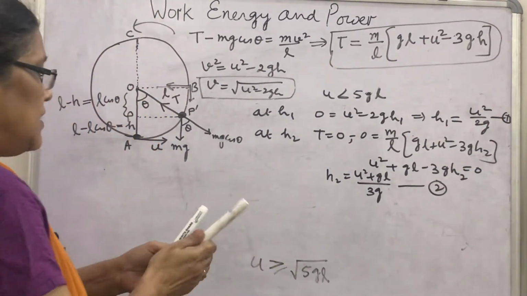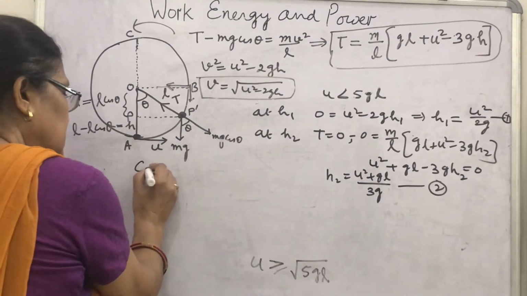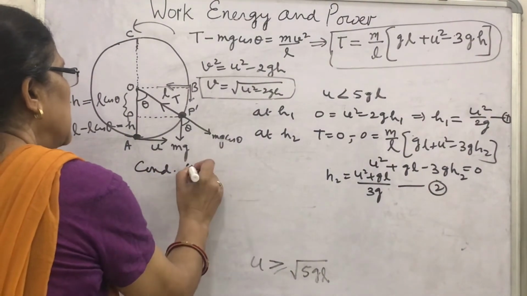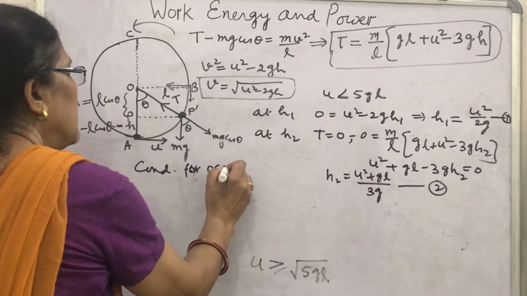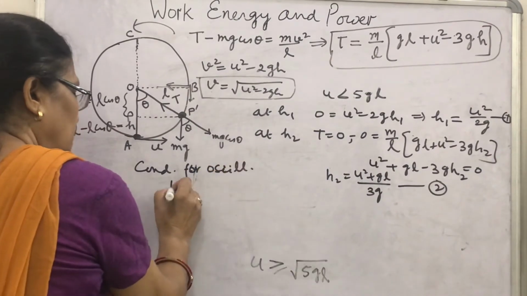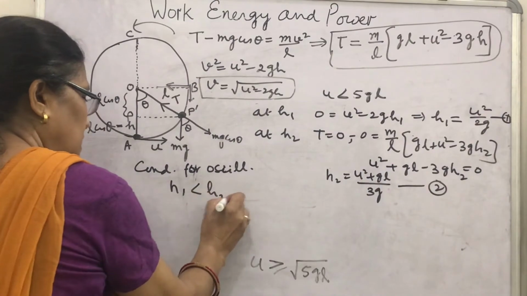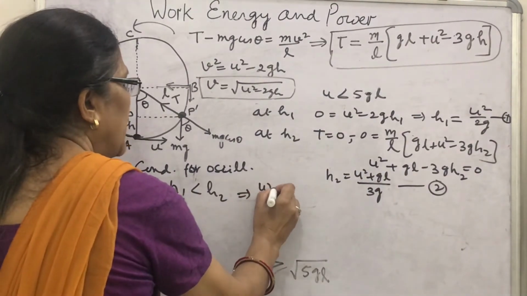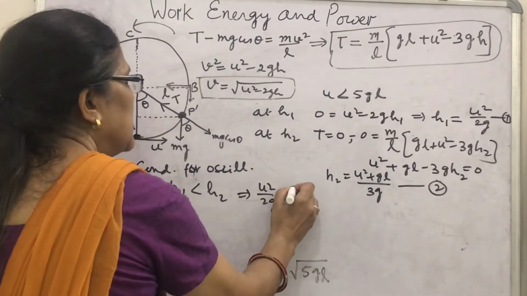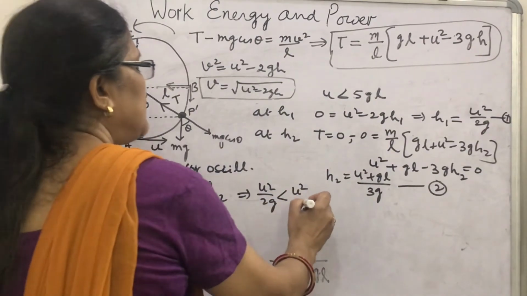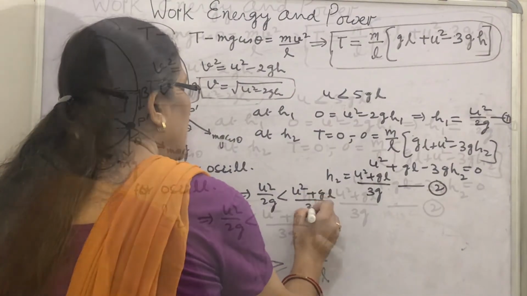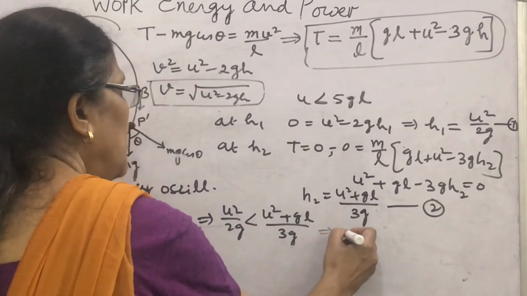How will you find the condition for oscillation? Write the condition for oscillation about the mean position: h1 is less than h2. This implies that u square upon 2g is less than u square plus GL upon 3g.